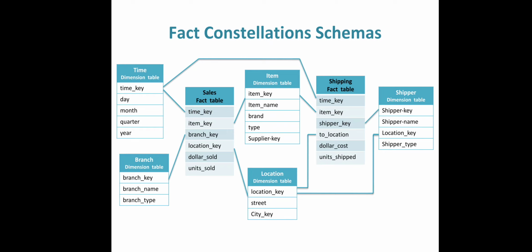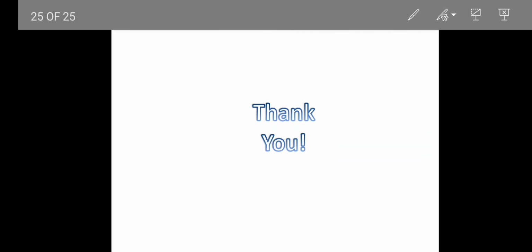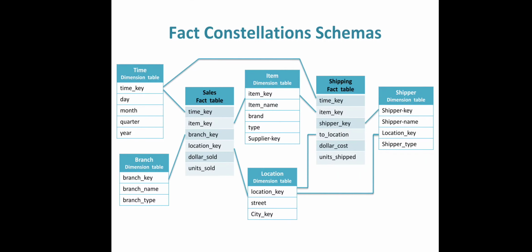Again, we have different fact tables over here, and we are mentioning the dimension tables, and we can give single dimensions with multiple attributes of that table. So, this is what we have seen today, the fact constellation schema.